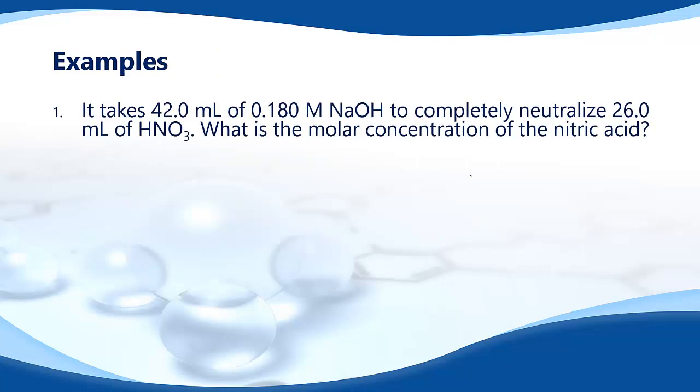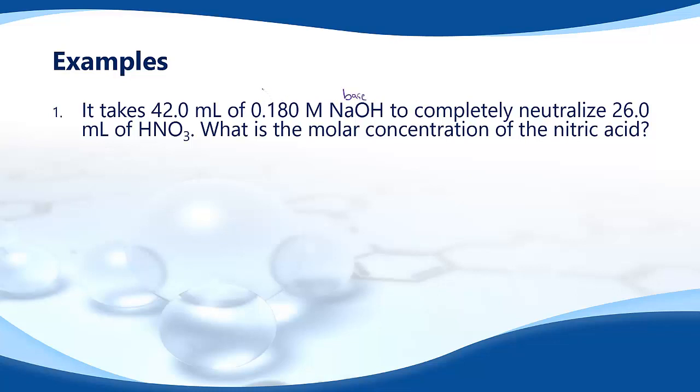So here's our first question, our first titration. We are reacting an unknown nitric acid solution with a known sodium hydroxide solution. First thing we always do is we come in and we label our variables. Sodium hydroxide, since it has hydroxide, is our base.